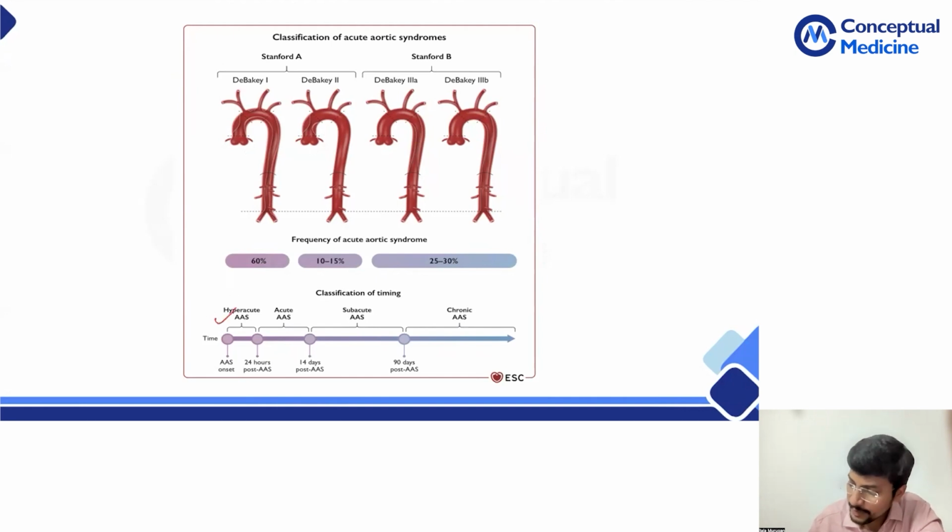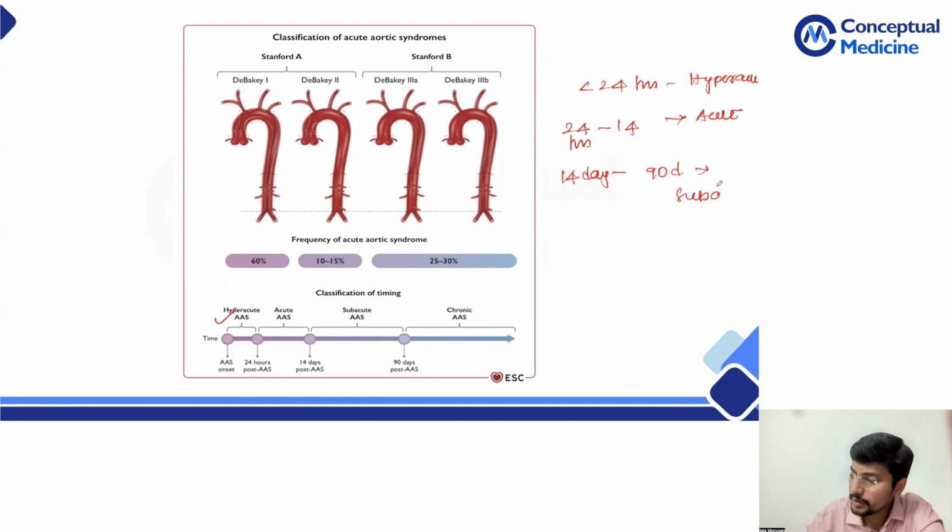Less than 24 hours is called hyperacute. 24 hours to 14 days is called acute. 14 days to 90 days is called subacute. And anything more than 90 days is called chronic. So this is based on timing.